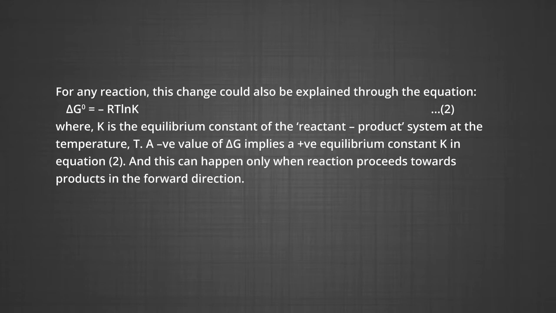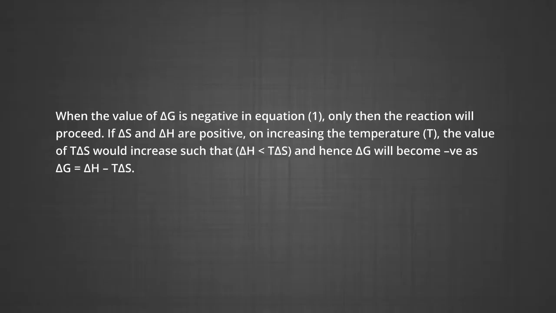A negative value of delta G implies a positive equilibrium constant K in equation 2, and this can happen only when the reaction proceeds towards the products in the forward direction. From these facts, we can make the following conclusions. When the value of delta G is negative in equation 1, only then the reaction will proceed.